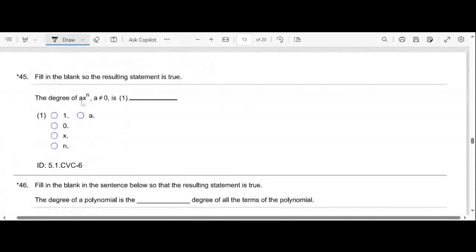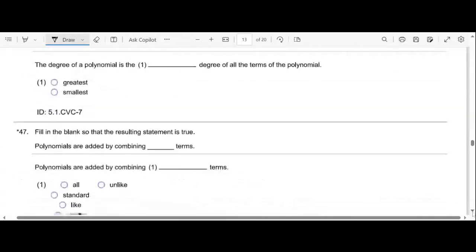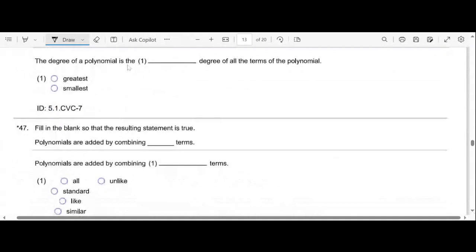The degree of a x to the power of n, where a does not equal 0, is n. What he's looking for is n. The degree of a polynomial is the greatest.